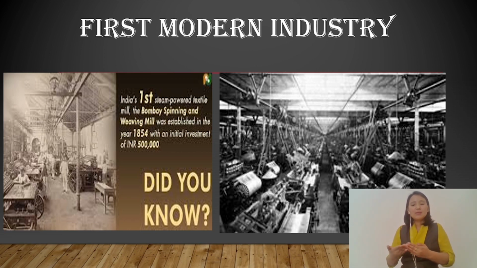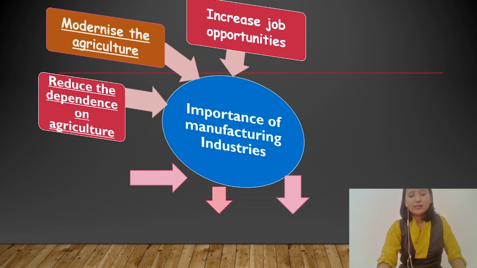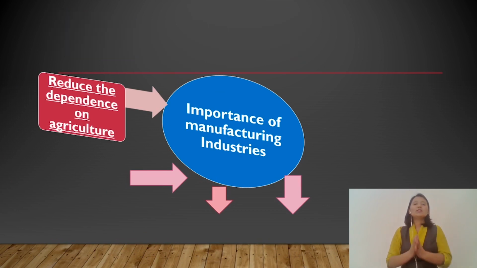It was set up in Calcutta. So jute is a raw material which is used to make gunny bags and other items like baskets, right?